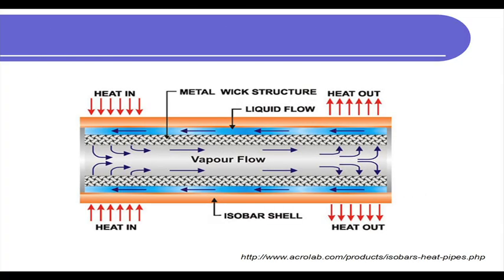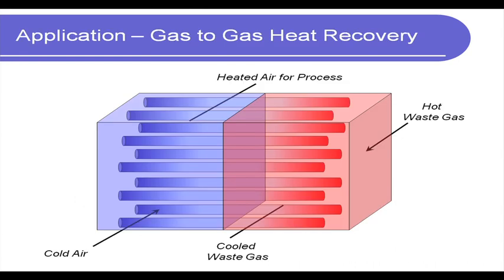Okay, this is what we saw. Let us look at one of these applications, which is called gas to gas heat recovery. Okay. And this is where the schematic is shown. Let us think about it as two chambers. On one hand you have hot waste gas which is coming, and on the other section, which may or may not be directly connected, it can be remotely located also, you have cool air which we want to heat up, and that heated air can be used either for room heating or for any other process.